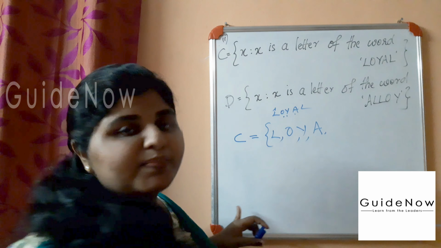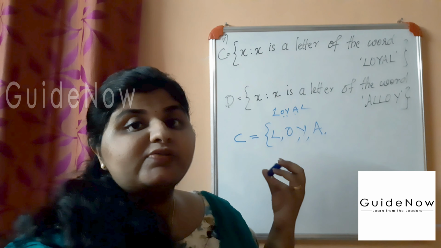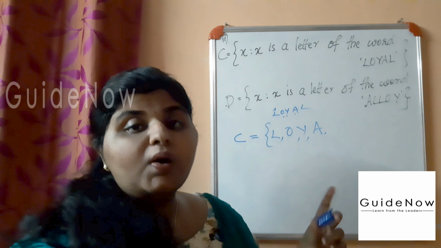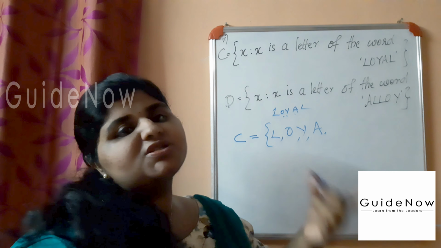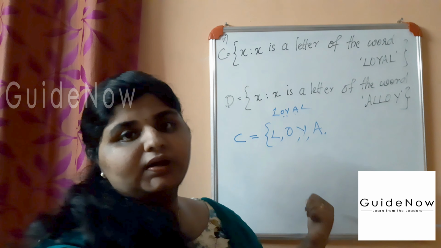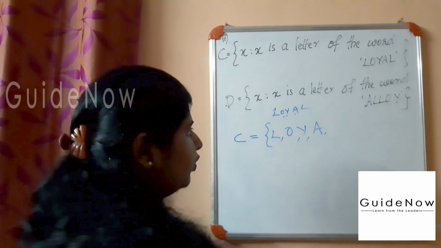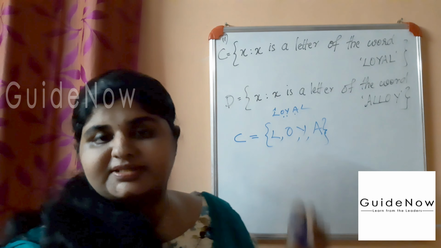Here L is repeating. As I already told in previous examples, if you write in roster form, you write L only one time. Repeating numbers or repeating letters we cannot write. So L is repeating, no need to write L again. This is set C in roster form.